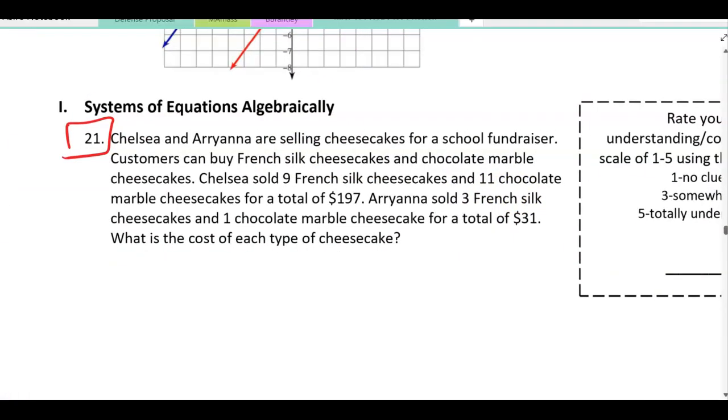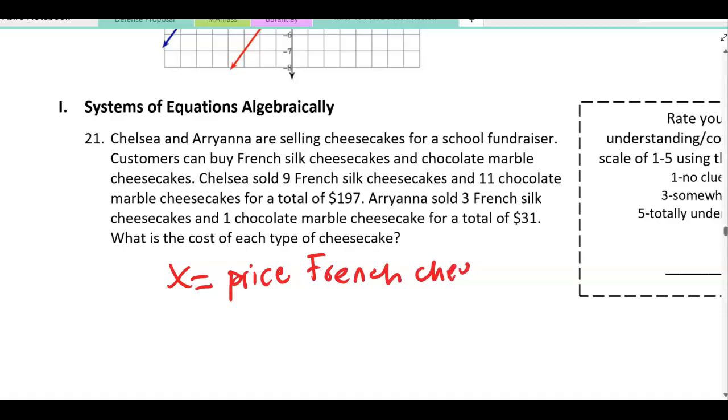Okay, this is a good problem about how to write systems of equations and then solve them, and this is a very classic problem to work through. You need to define your variables first and then write down the equations, right? So, for instance, I'm going to define x as the price of French cheesecake.